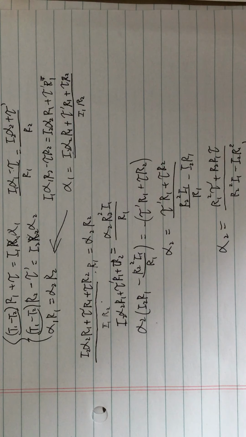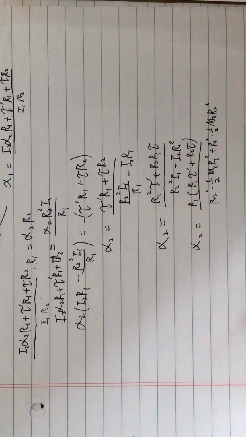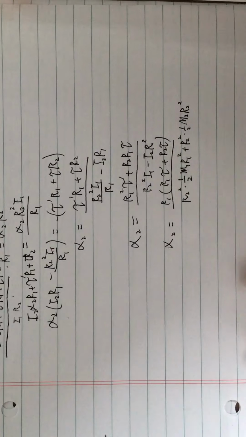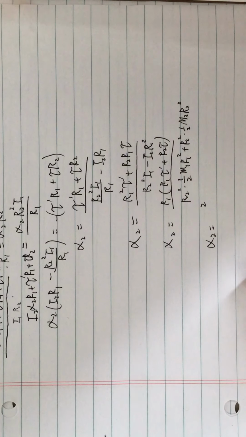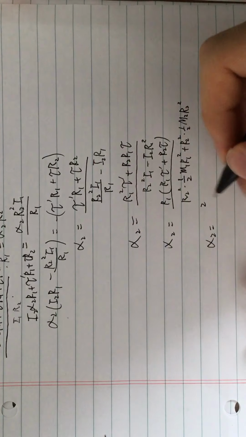Now we can multiply both sides by 2, and then cancel out R1.